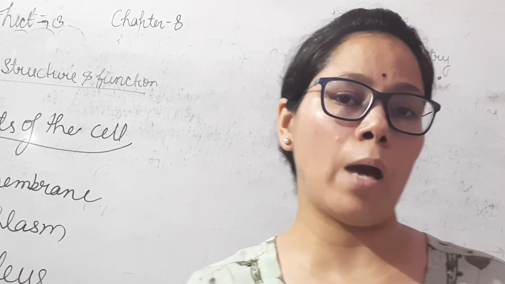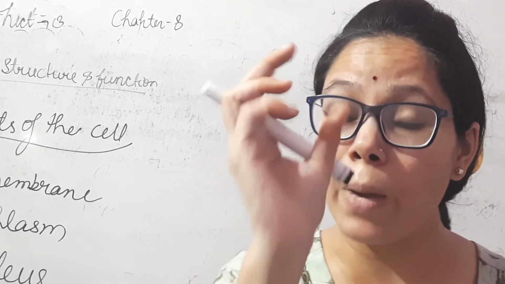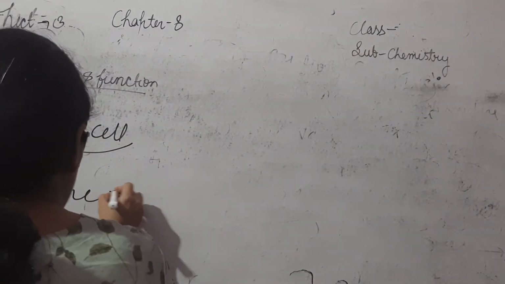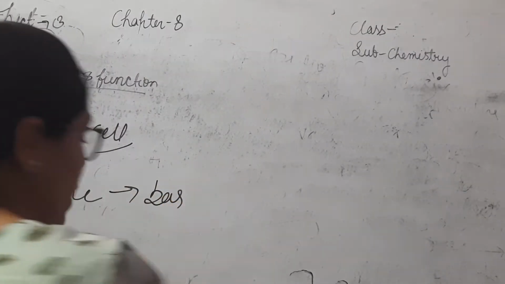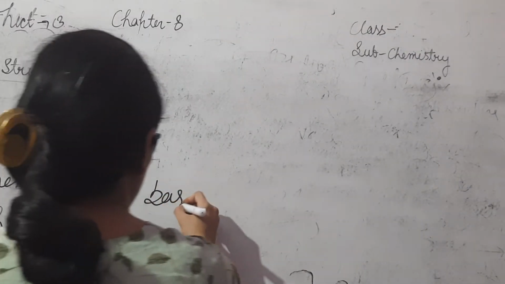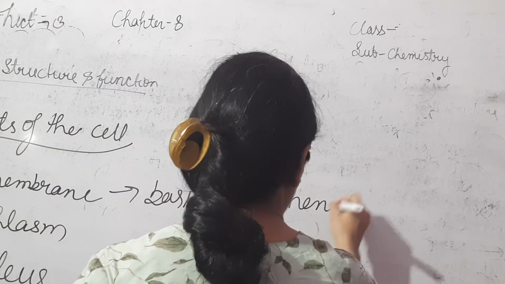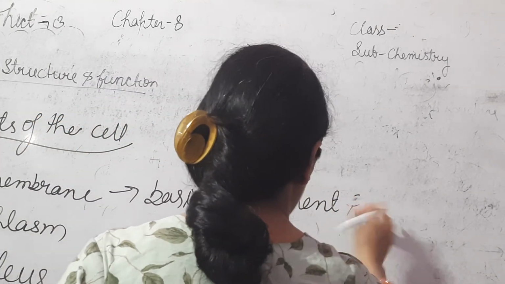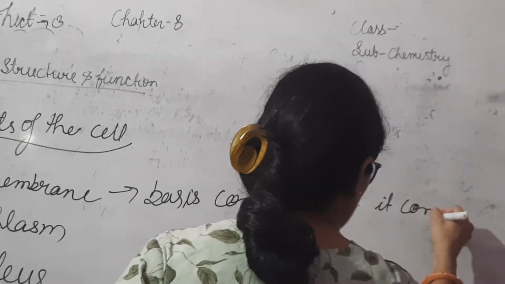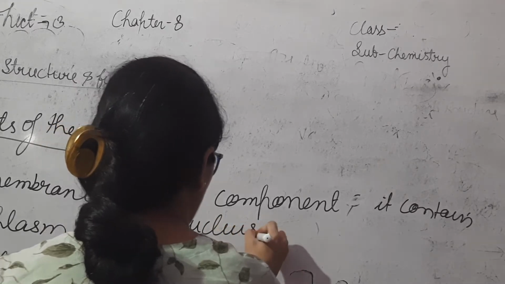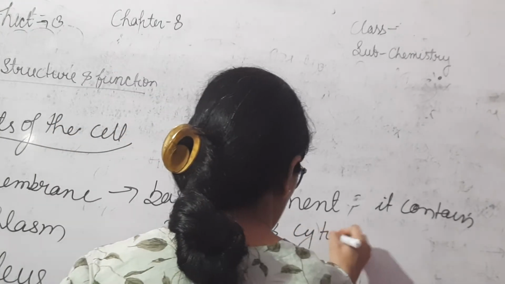What is the cell membrane? Cell membrane is the basic component of the cell. Cytoplasm and nucleus are present in the cell membrane. So this is the basic component, and it contains nucleus and cytoplasm.